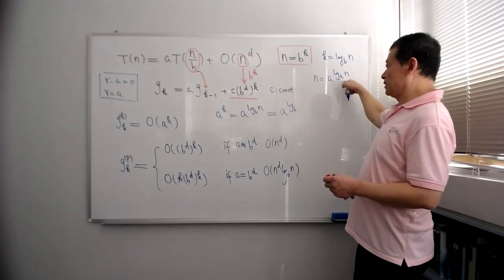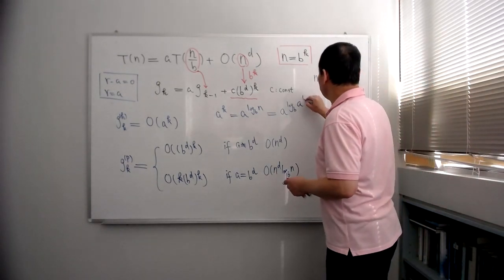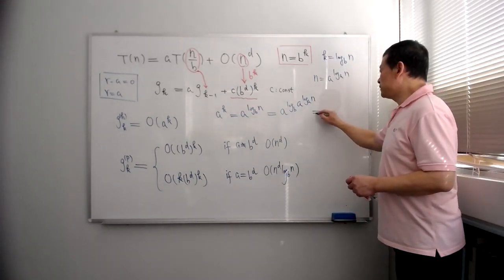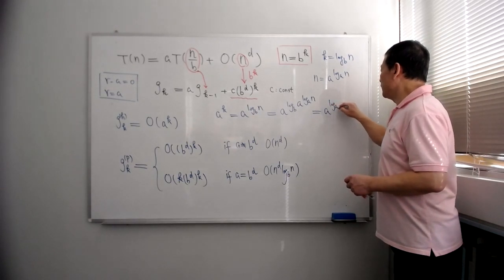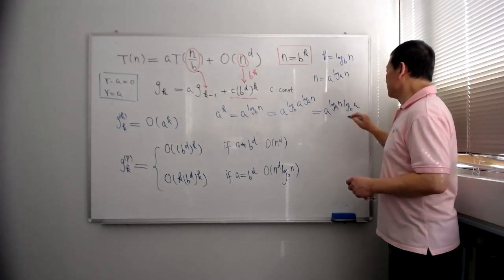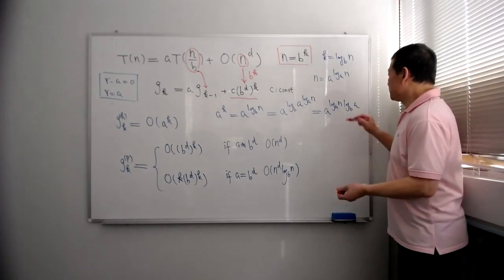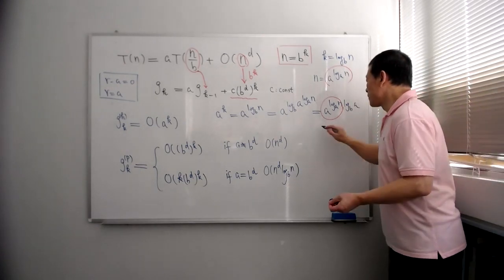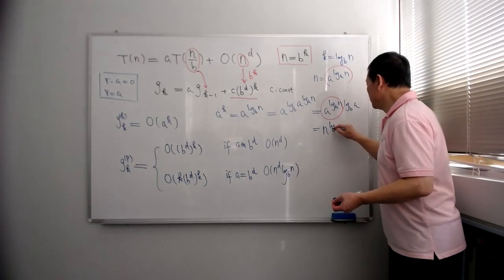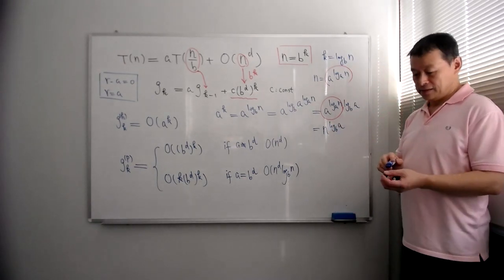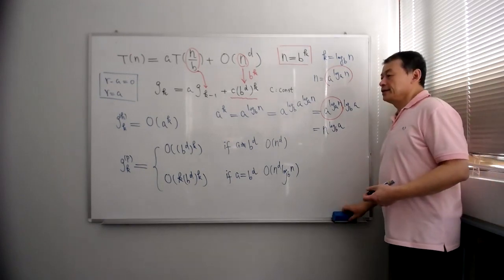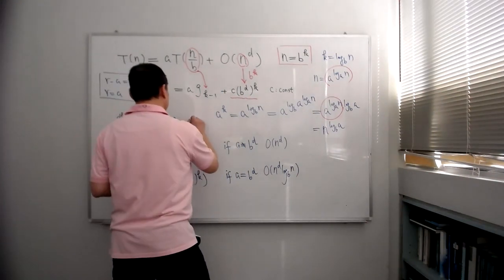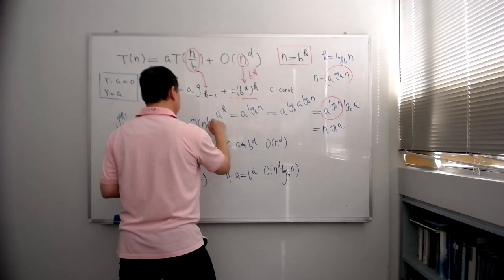Just replace n with this, and we get a to the power log base a of n times log base b of a. This is exactly the same as n to the power log base b of a. So the solution of the homogeneous part is order n to the power log base b of a.